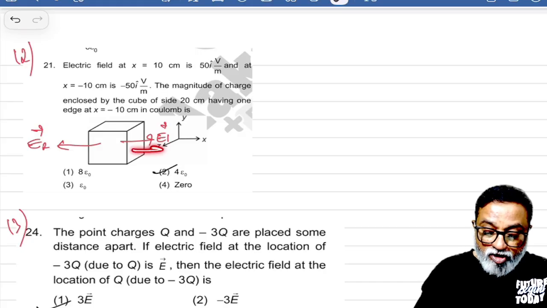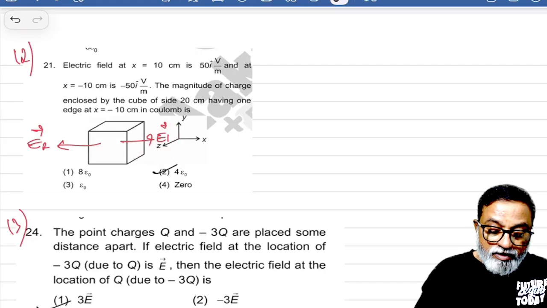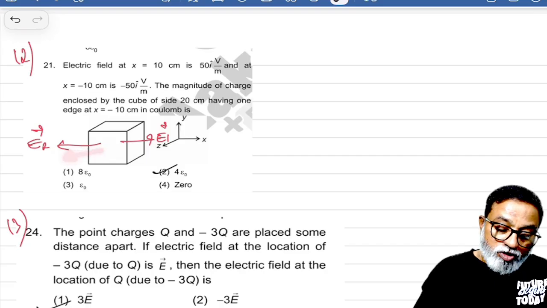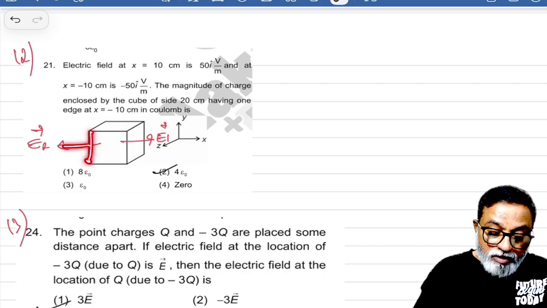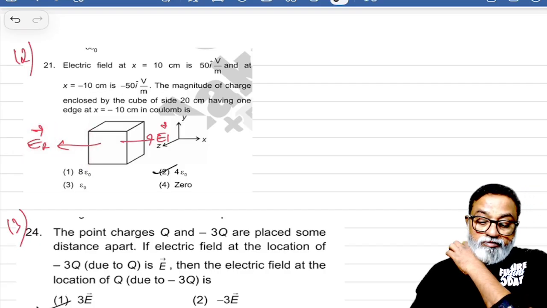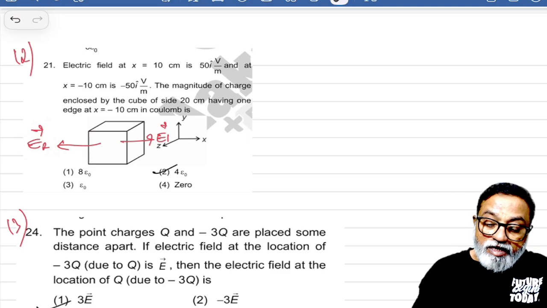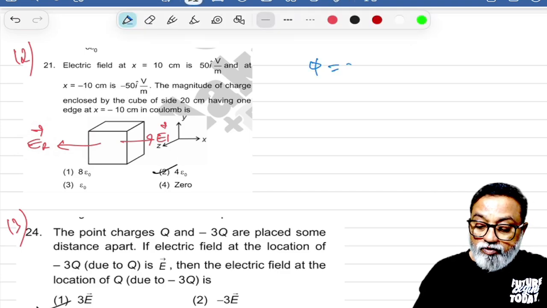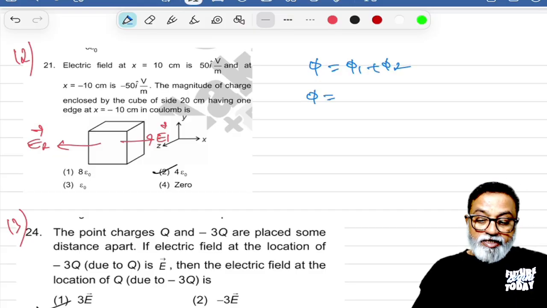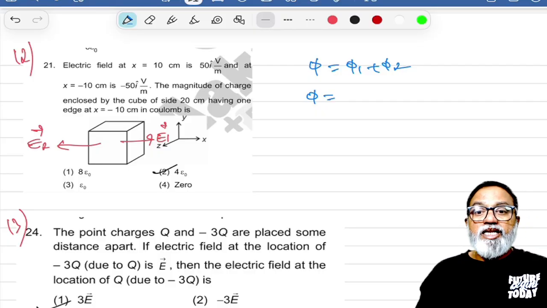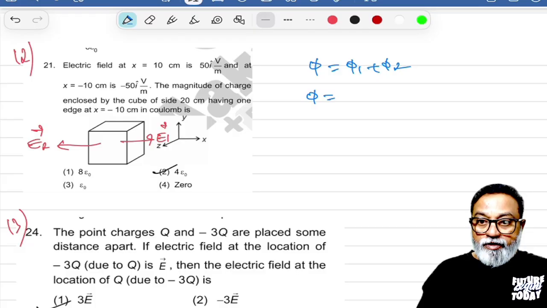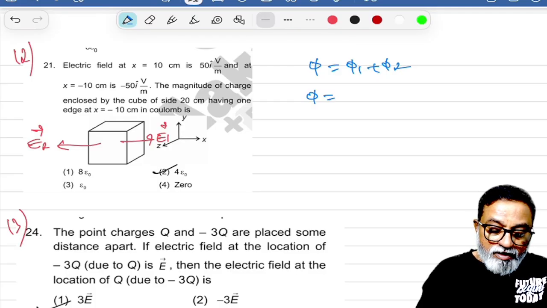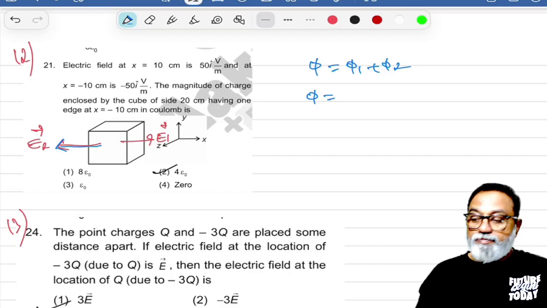Therefore, the normal drawn to the surface is in the direction of the field, and here the normal drawn to this surface is in the direction of E2. Therefore, total flux phi is equal to phi 1 plus phi 2. Generally incoming flux is negative and outgoing flux is positive, but here the intensity is also in this direction, therefore flux is positive.